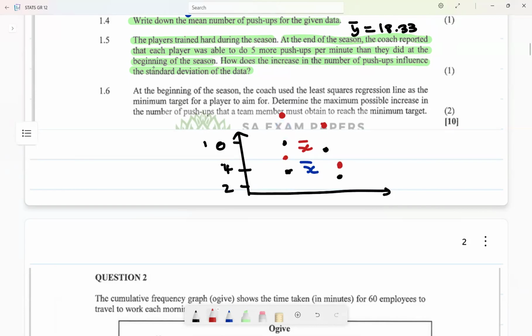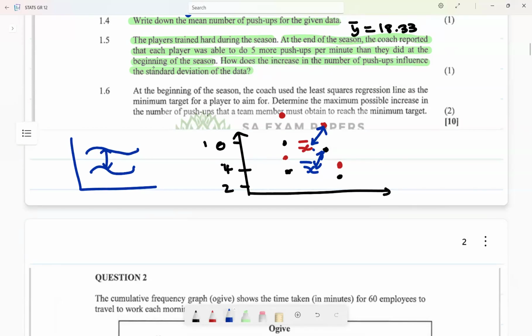What I want you to realize is that if you check the distance from this one to this one, and the distance in the new graph, the distance will be the same. Why? Because our graph shifted. We had points here, but all of them shifted by 5 units, by the same number. So whatever the distance was between the mean and a point, it will still be the same.